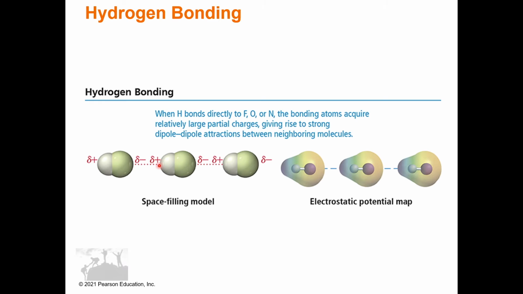This dotted line right here, that represents the hydrogen bonding. Again, this is a type of intermolecular force, so it has to be between two different molecules. The negative end of one molecule is attracted to the positive end of a different molecule.